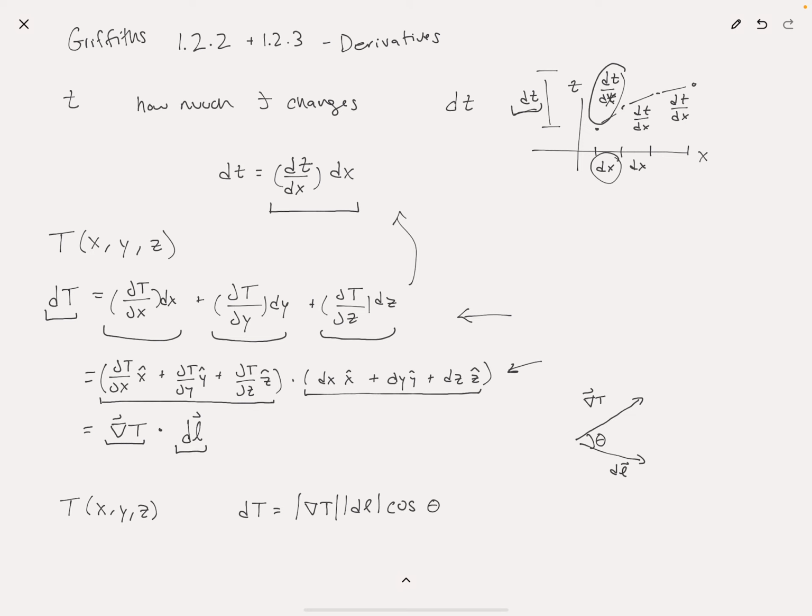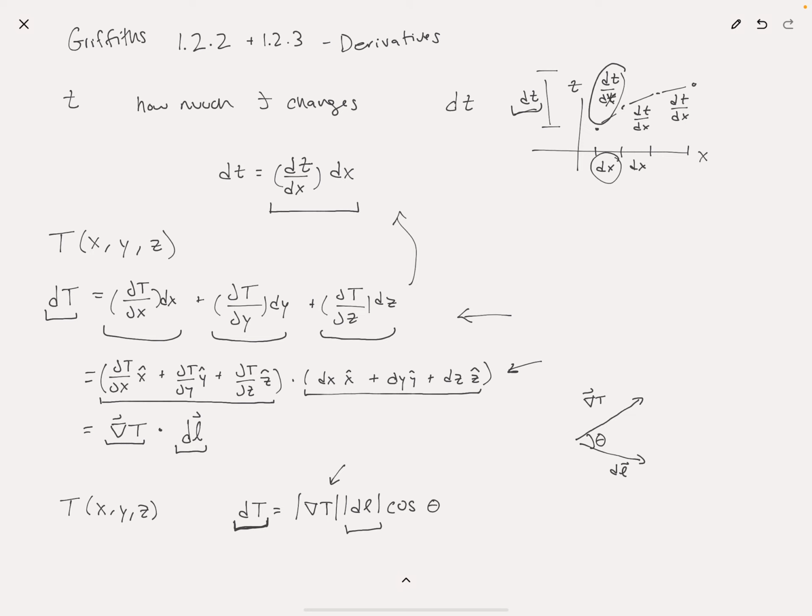So if I keep my displacement vector constant, what direction should my gradient vector point so that I maximize dT?